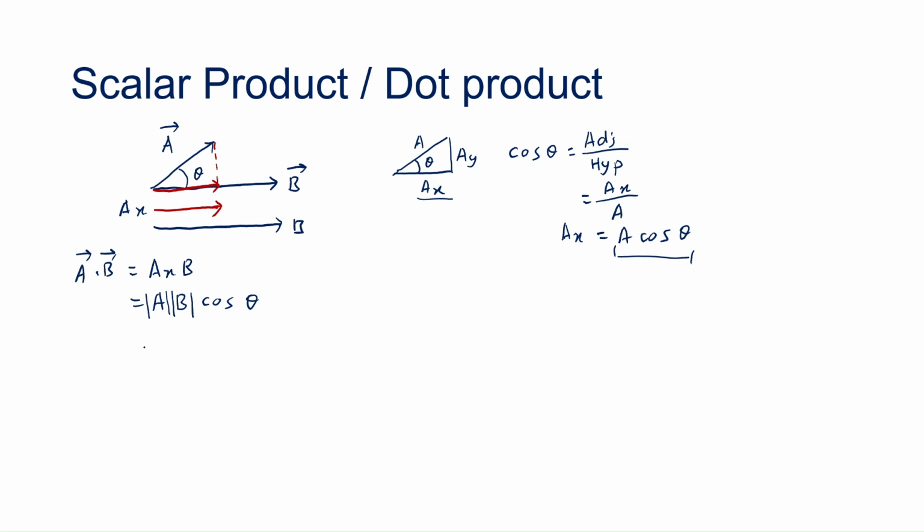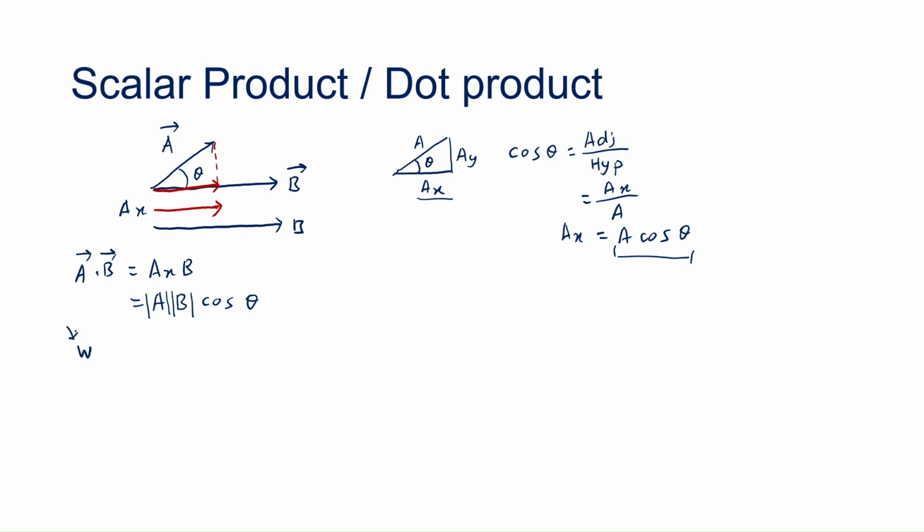Now, you might feel a bit strange why we need to define the projection of the arrow and then multiply with another vector, another arrow. They have a good reason why we in physics need this kind of mathematical concept. So let me give you an example.